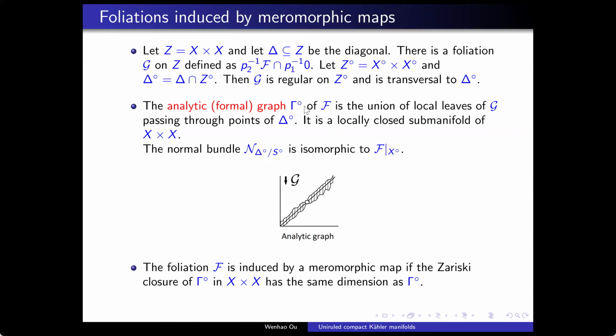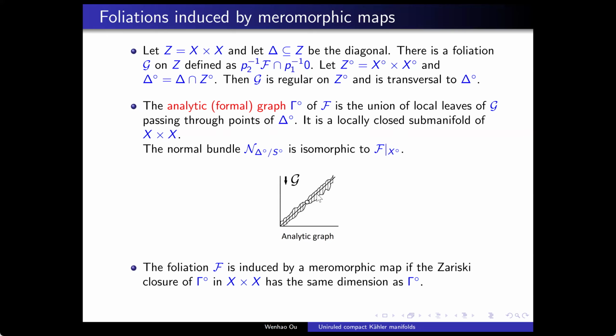So in particular, this gamma 0 is smooth. It is a manifold. But it is very small and in general does not exist in the Zariski topology. So it is only defined in the Euclidean topology.